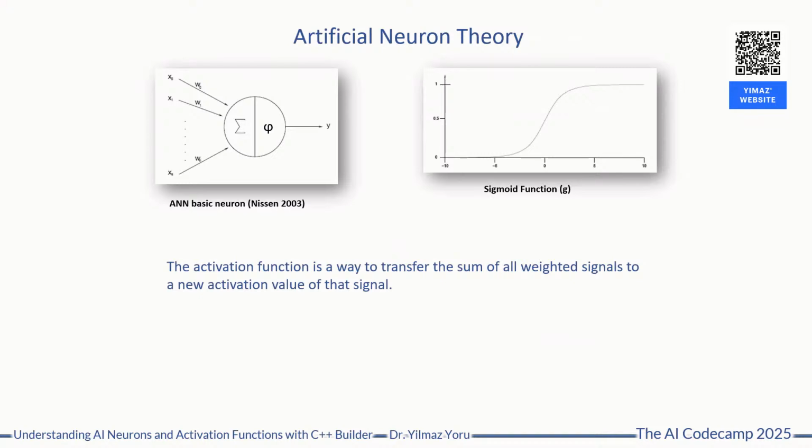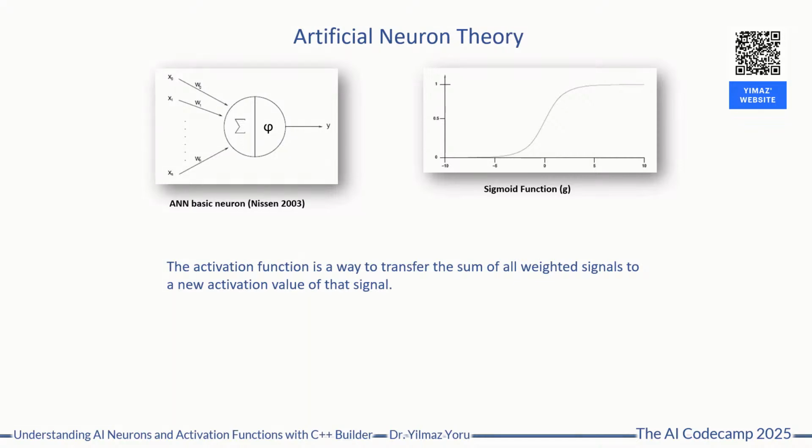Artificial intelligence is based on artificial neuron theory, and there is a very basic artificial neuron model. It has many inputs, each input has a weight on its link, and we sum all of these inputs in the artificial neuron. Then at the end we use an activation function to define the output.